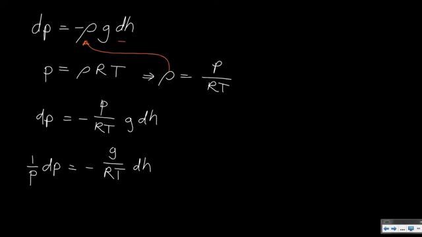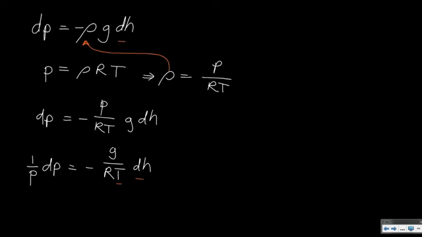Well, the left side now looks okay. This is an integral which we can solve. But on the right side, we see that we still have the temperature, which will vary. The R and the g will remain constant, but we have the dH here. So we're looking for the relation between temperature and altitude.